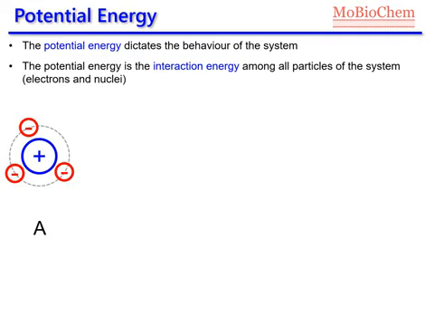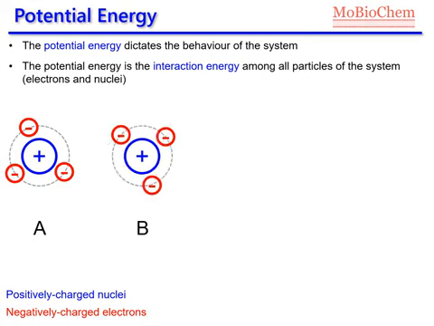For example, let's say we have an atom A, which is formed by positively charged nuclei and also by negatively charged electrons, represented here in blue and in red respectively. And now we have a second atom B, also with a positive nucleus and also some electrons in red.